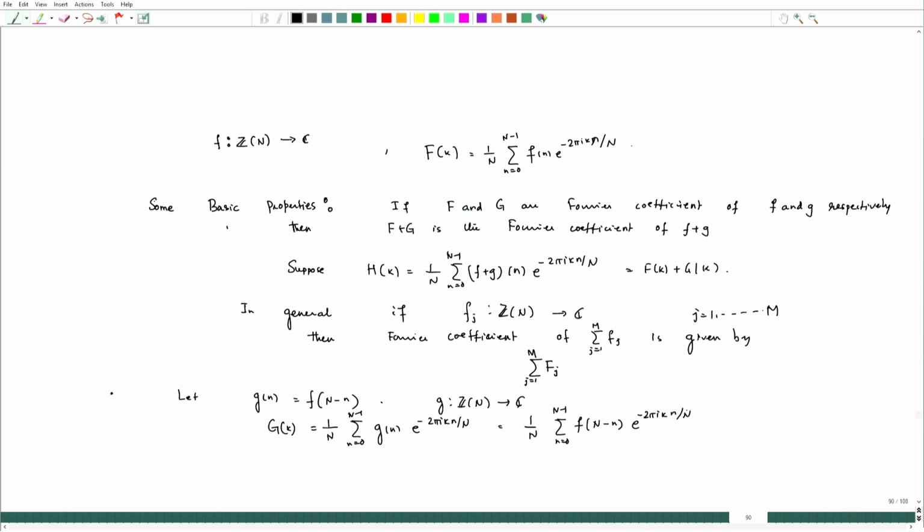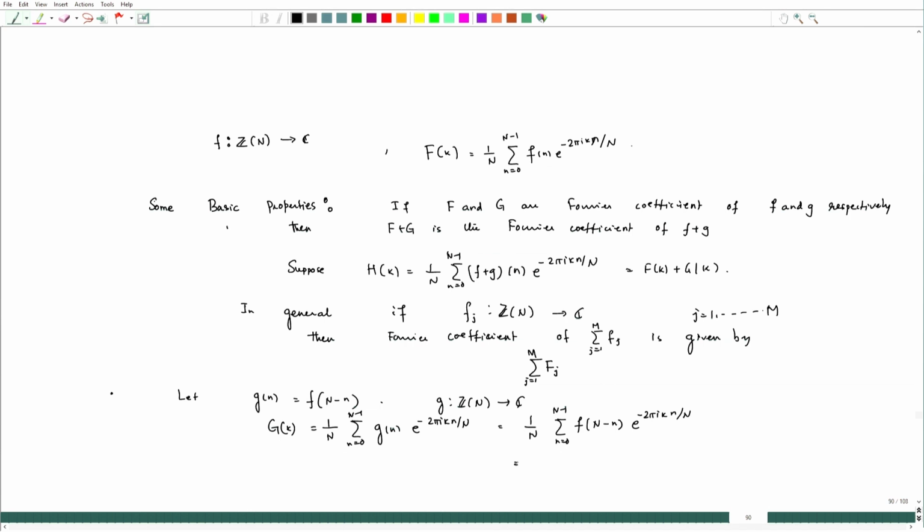Now, of course, if I make a change of variable that capital N minus n is equal to L, then this L is going to vary from 0 to n minus 1 again, right.